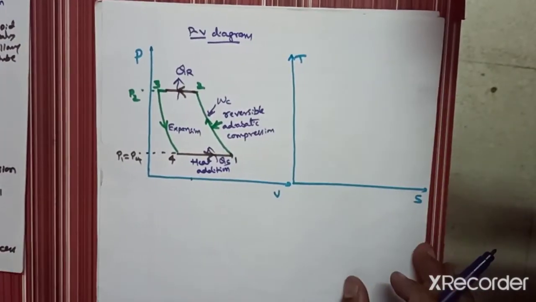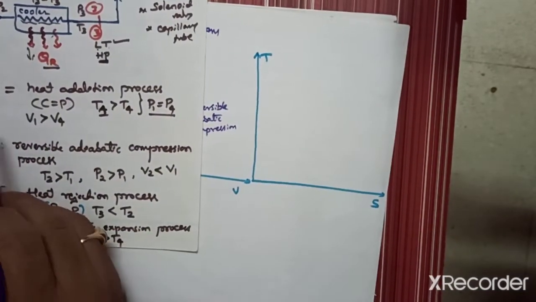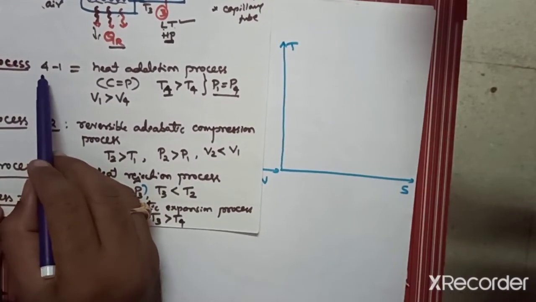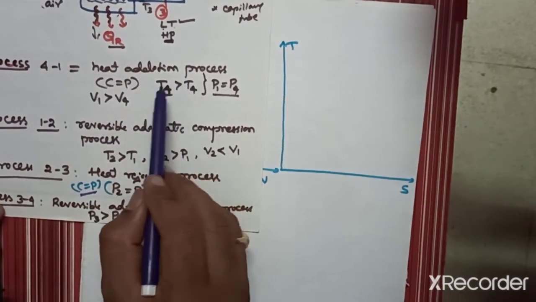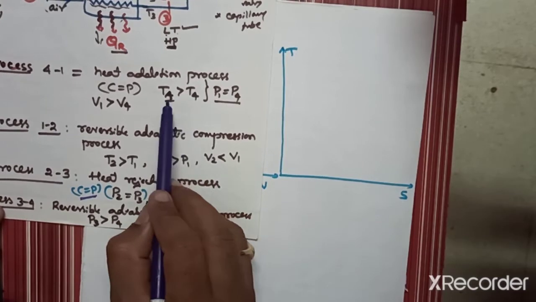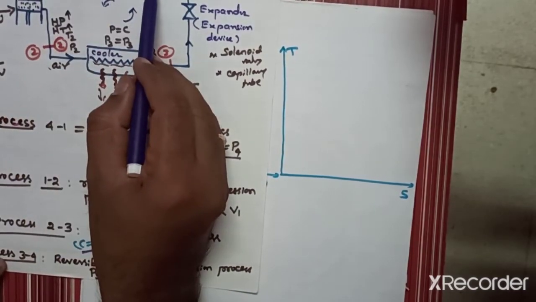Now we will draw the TS diagram simultaneously. Here on the TS diagram, first process 4 to 1. So I will start from 4 to 1, the heat addition process. During heat addition, the temperature will be more than T4. The outlet temperature of the evaporator will become more than T4.